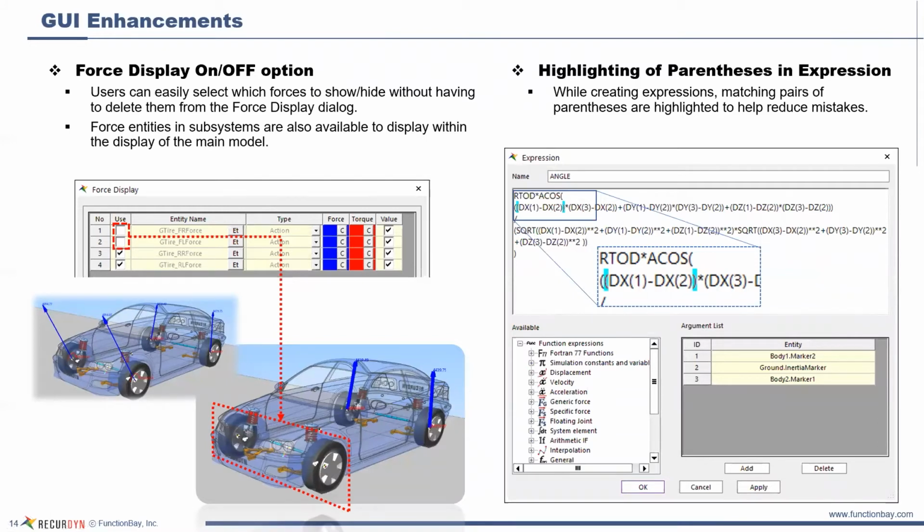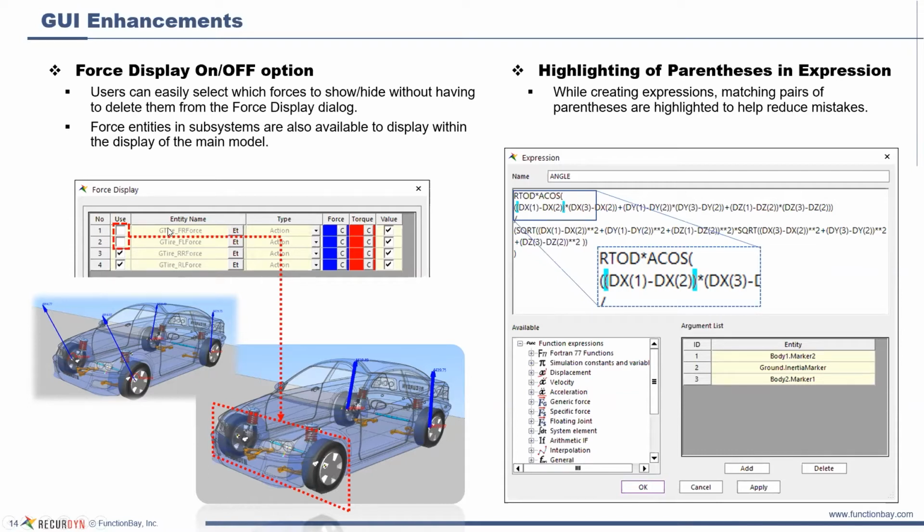Some other GUI enhancements are that there's an enhancement to the force display. The enhancement here is that there's now a checkbox for each force, which determines whether or not you want to see that force in the modeling window.